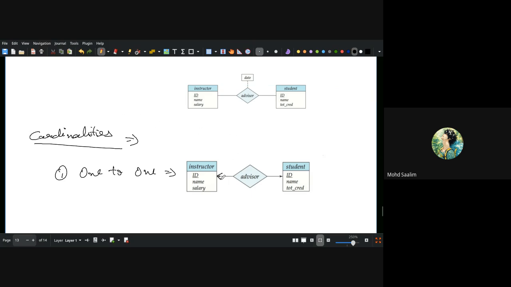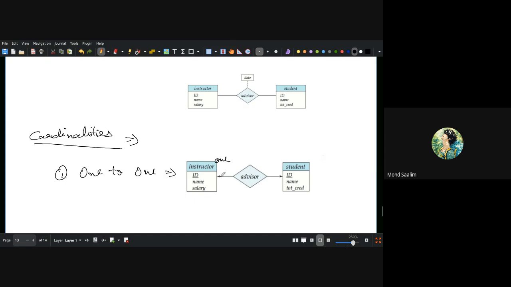So this arrow is saying that only one instructor is participating at a time in this advisor relationship. Only one instructor is participating at a time, and this arrow is saying that only one student is participating in this advisor relationship.